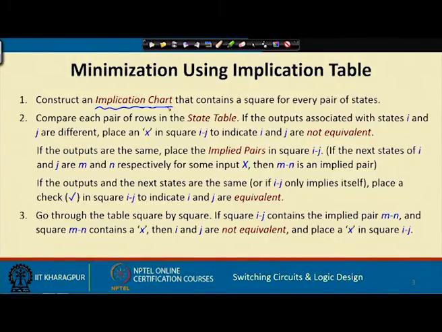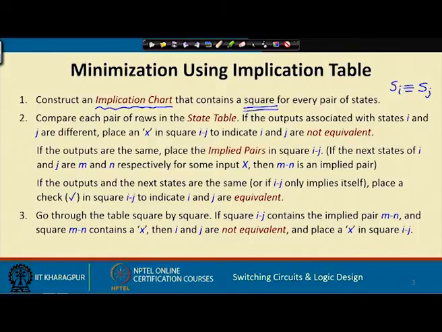Let us see how this table looks like. This chart will have a square for every pair of states, because we want to compare every pair of states, let us say S i and S j. What we put in the squares is explained later. So, the first step is to compare each pair of rows in the state table.